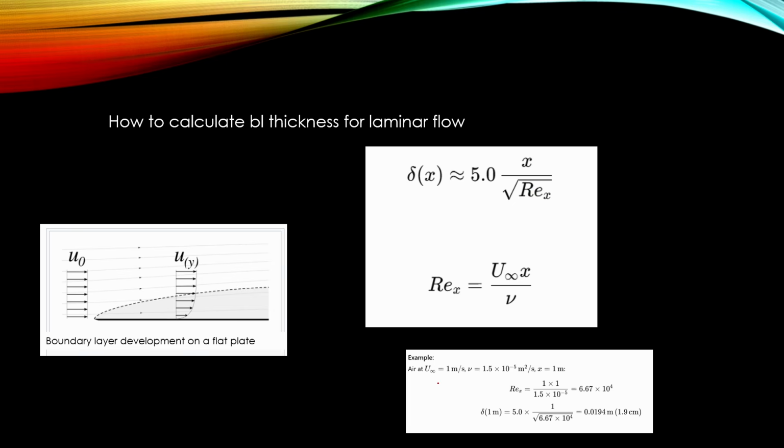As an example, if we have air velocity 1 meter per second and we want to calculate this boundary layer thickness at a location 1 meter from the leading edge, we will see that the boundary layer thickness is 1.9 centimeters. This is a typical value for boundary layer thicknesses. We are talking about millimeters and centimeters.